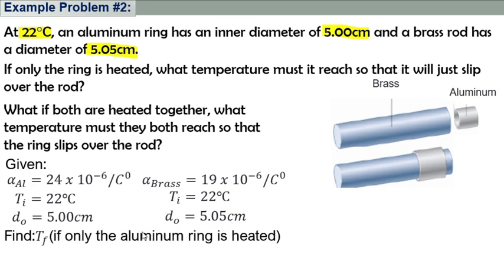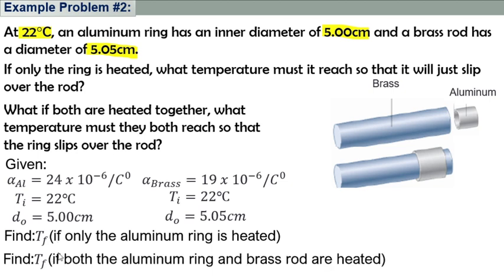And we are asked for the final temperature if only the ring is to be heated. So the aluminum ring must be heated so that its inner diameter will become bigger and the brass rod can now slip over the ring. And the second unknown is, what would be the final temperature if both the aluminum ring and brass rod are heated?